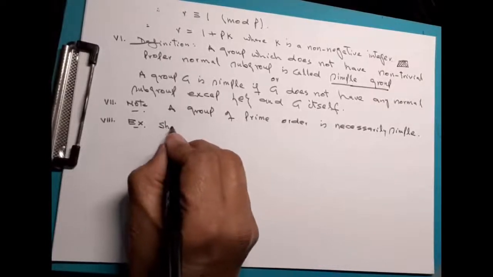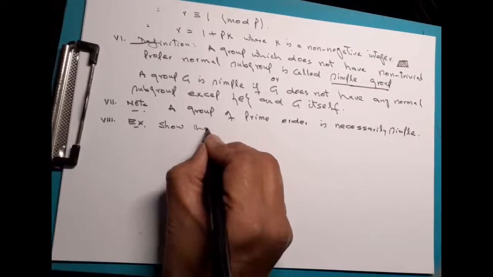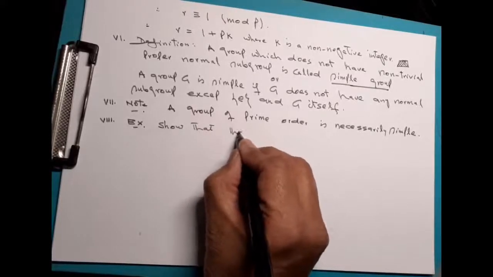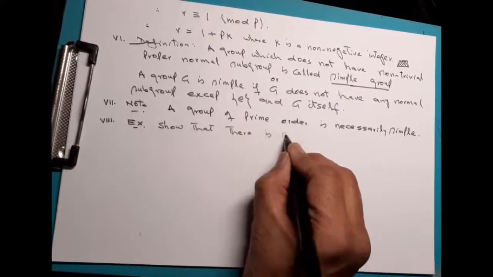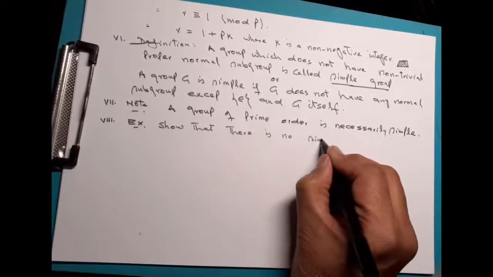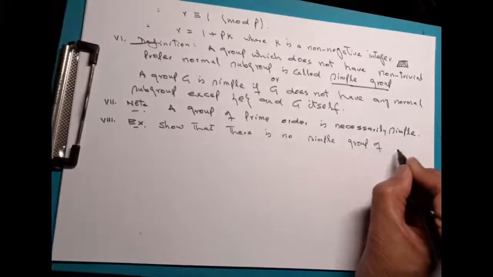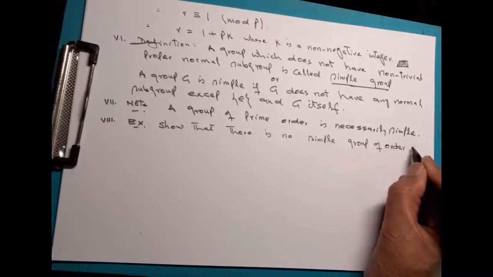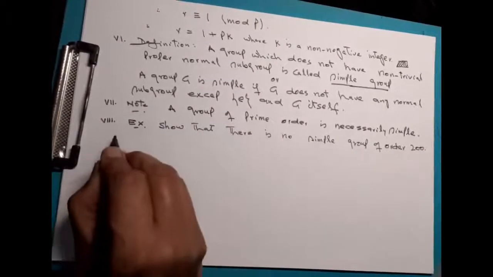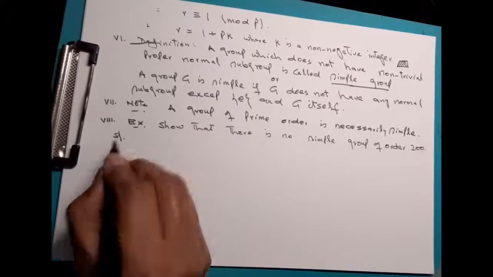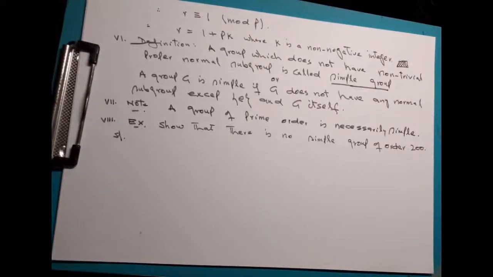Show that there is no simple group of order 200. So let's have the solution. We note that 200 can be factored into 25 times 8.